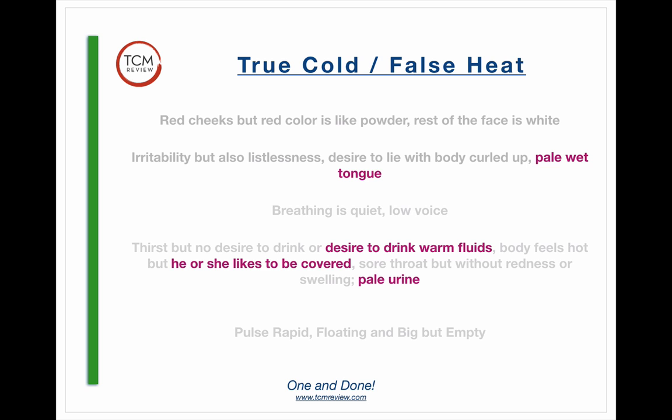So we're dealing with 2 totally different diagnostic theories, and that's why they're similar, but they're not the same. So don't let this small detail confuse you. This is true cold, false heat, which is yang collapsing due to severe yang deficiency. And the heat that you see is the remnants of the yang floating up and out to the exterior of the body. Okay, I'm going to end here and let that last part sink in.